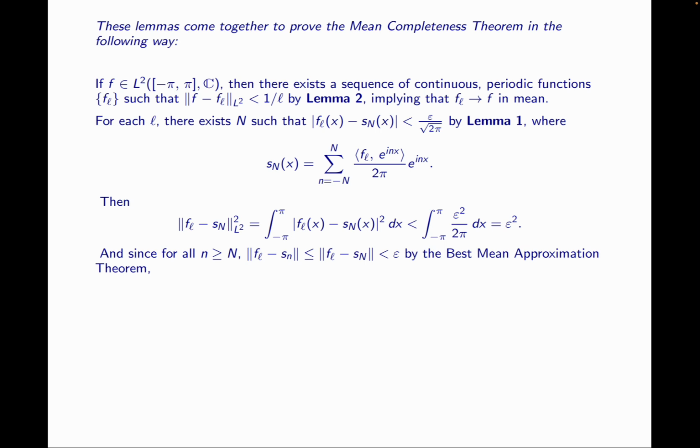So the best mean approximation must get smaller and smaller, or at the very least stay the same. That follows directly from the best mean approximation theorem. In other words, if I find the best approximation for a space and then I enlarge the space, I should either get the same or a better approximation.